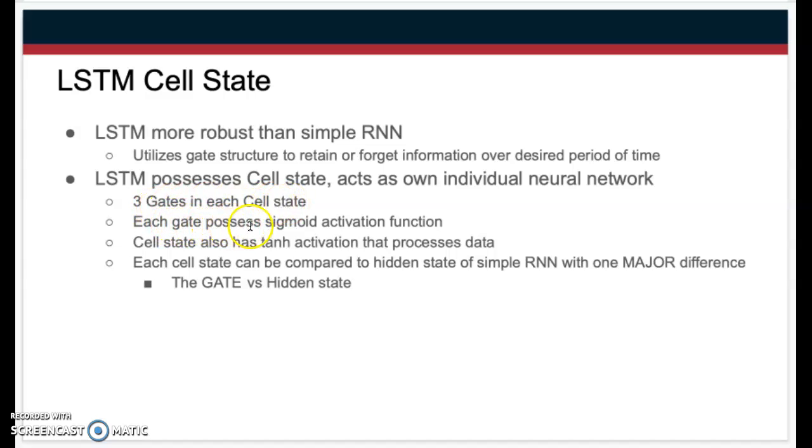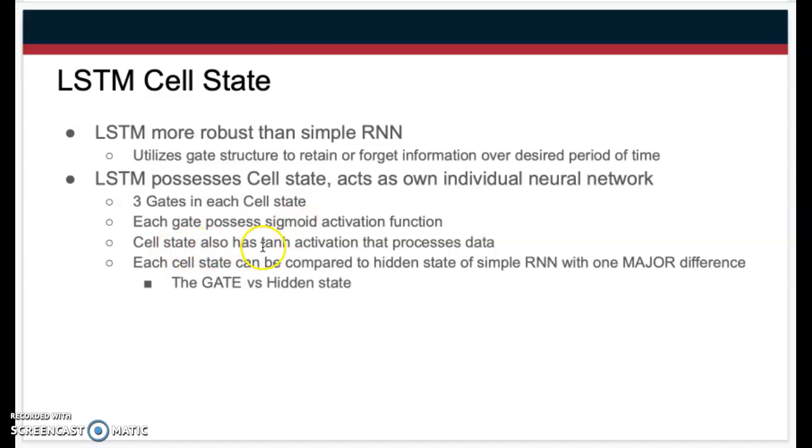Each gate possesses a sigmoid activation function, and that sigmoid activation function kind of defines why we call it a gate. It allows information in, or it doesn't allow information in. And so basically, it's the gatekeeper of what is relevant information and what we are going to keep.